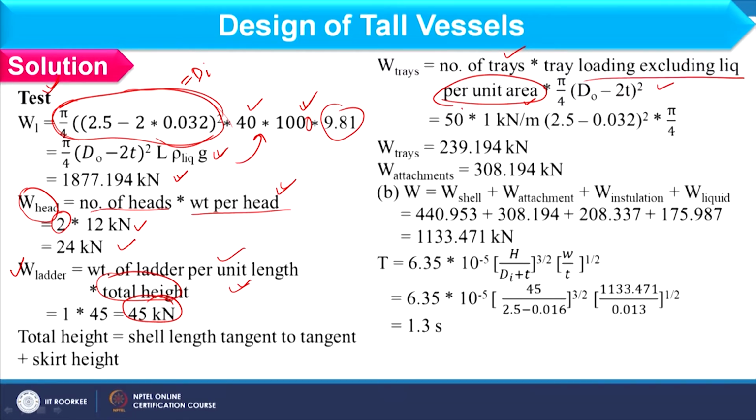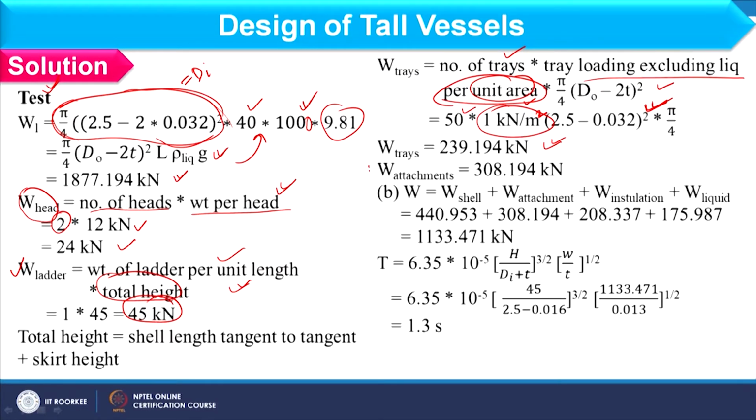So, 50 will be the total number of trays, 1 kilonewton per meter square is the load of tray for the unit area, and then this will be the cross sectional area. So, weight of trays will be 239.194.